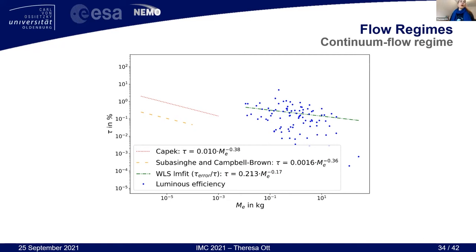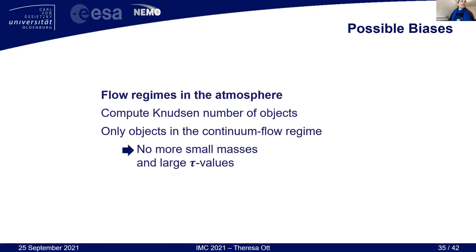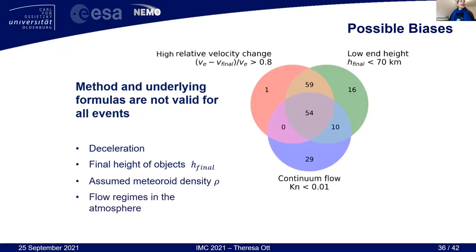So here you can see all the events that are in the continuum flow regime only. And we find that we again lose all these really small masses and find only the characteristic luminous efficiency values that work quite well. And also the slope was a little bit lower, not that pronounced.